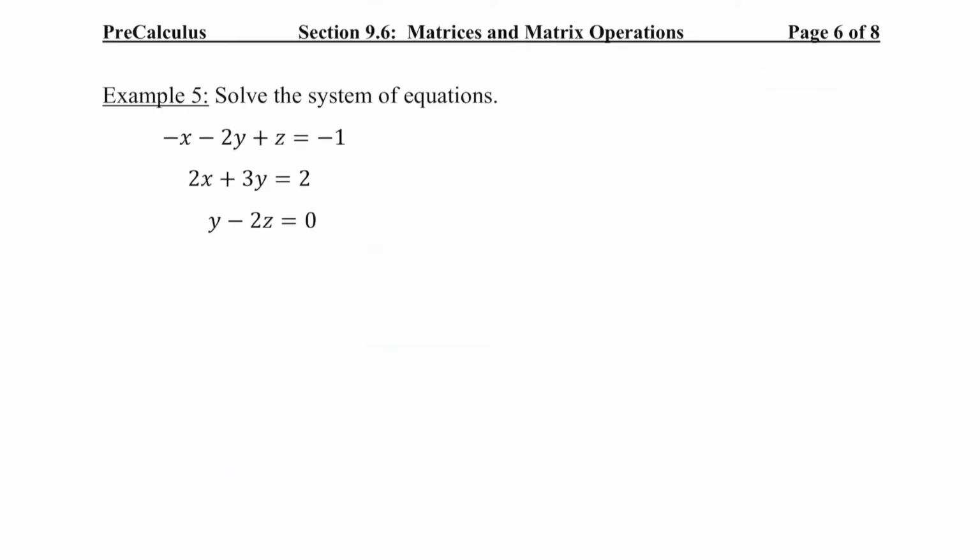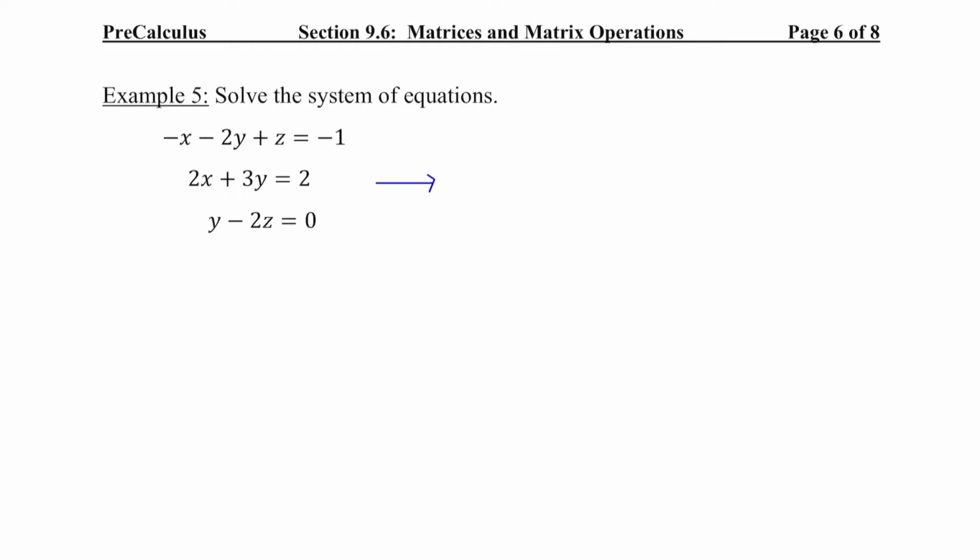Example 5. Solve the system of equations. I have 3 equations and 3 unknowns. In this question, they did not ask me to use the Gaussian elimination method. However, I will still use that method. Before I put this system into matrix form, I need to rewrite these equations a little bit.